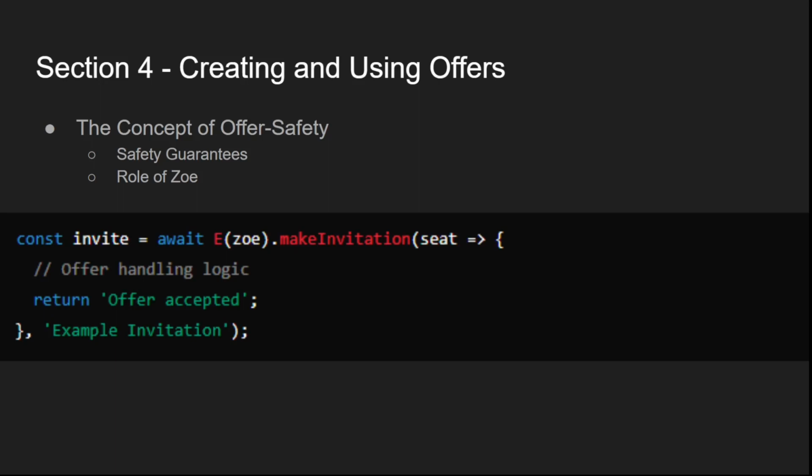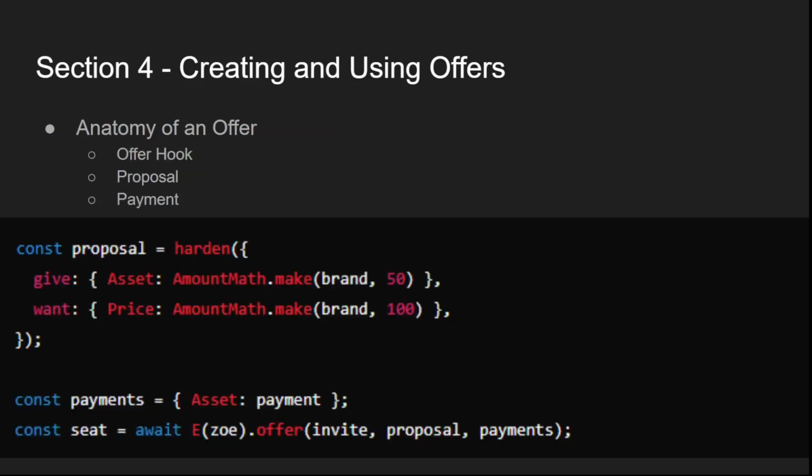Zoe, the Agoric contract framework, enforces offer safety by managing offers and ensuring that the terms are met or assets are returned. An offer in Agoric consists of several components, including the offer hook, proposal, and payments.